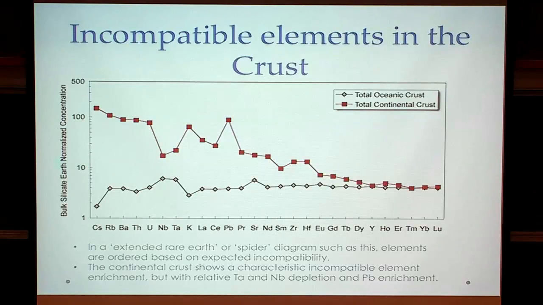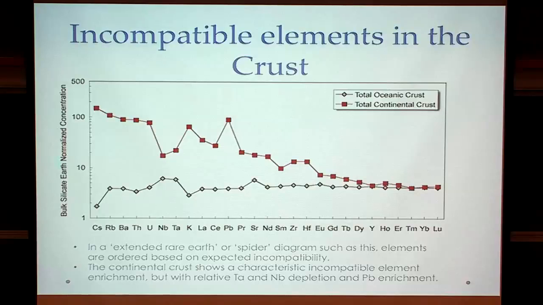And I'm going to illustrate this with what geochemists call a spider diagram, or an extended rare earth diagram. What we've done is taken some of these other incompatible lithophile elements and tacked them on to the left side of the rare earth pattern. And we've ordered the elements in order of their incompatibility, so the extent to which they would be excluded from a mantle melt.